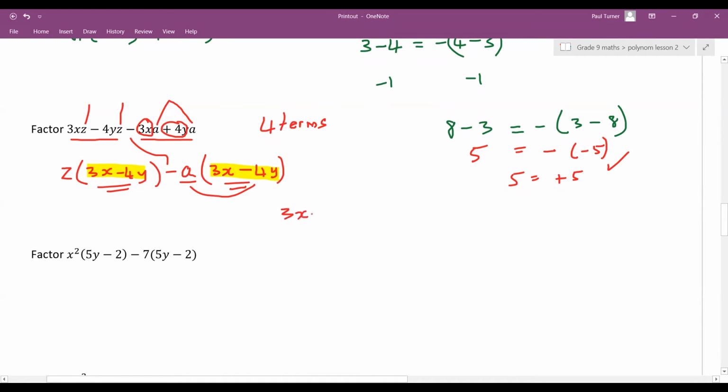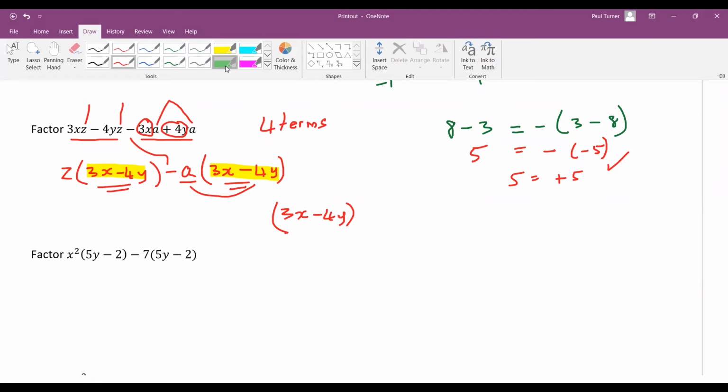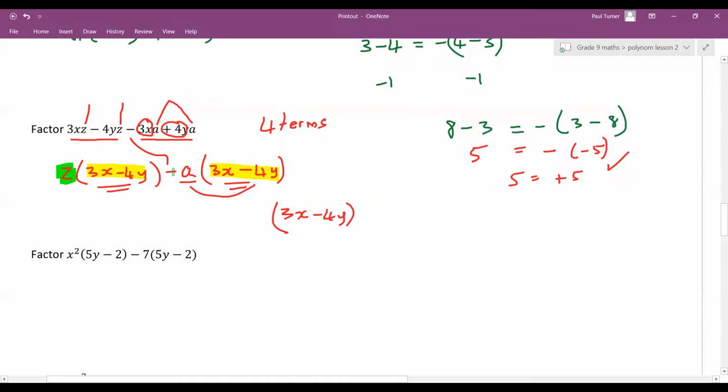That's your common factor. Look at the terms that you're left with, z and minus a. So we write them back down as z minus a. Okay, so this has been factorized into two binomials here. If you want to check your answer, you'll need to expand it. Okay.